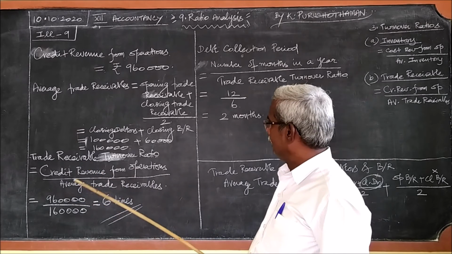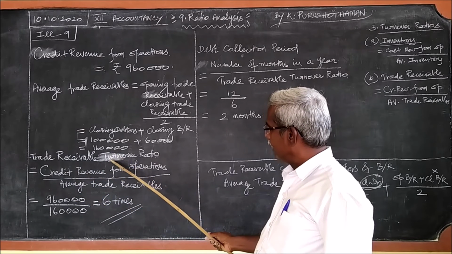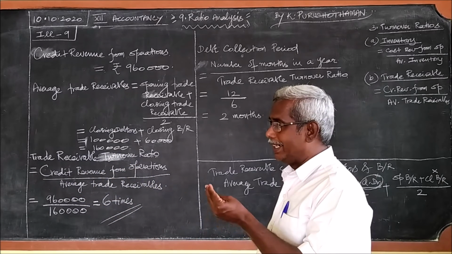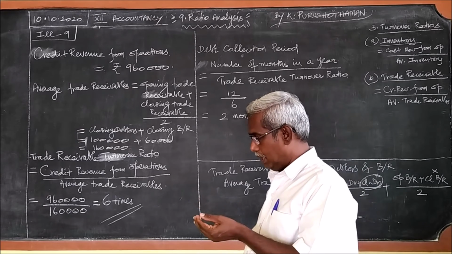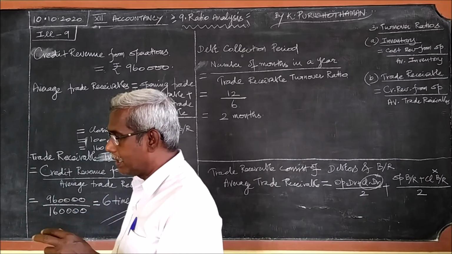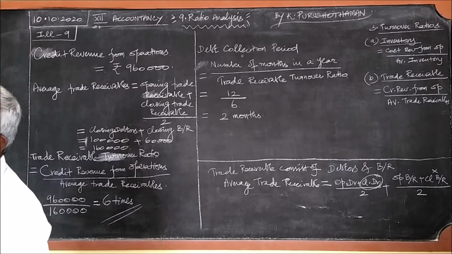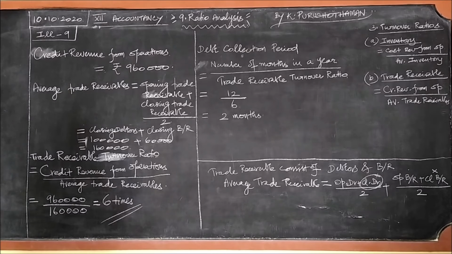See, the name itself indicates trade receivable, debtor, bills receivable. These are all appearing in credit transactions. Who is a debtor? The person who has enjoyed the benefit from us.